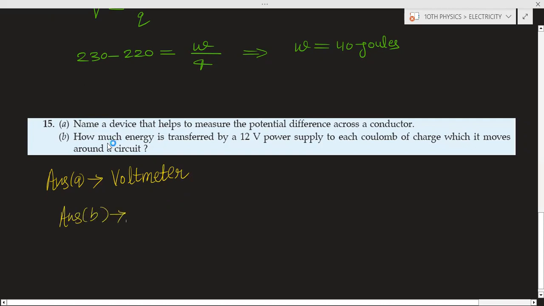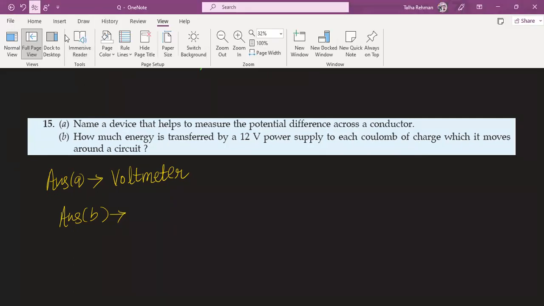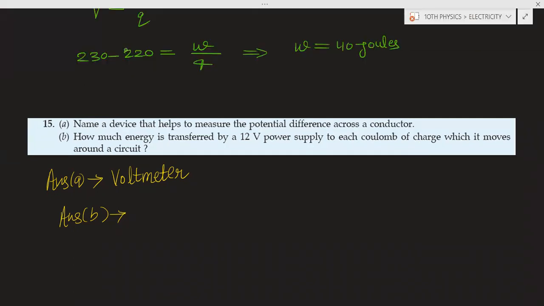They are saying how much energy is transferred by a 12 volt power supply to each coulomb of charge. So what is the meaning of each coulomb of charge? Each coulomb means 1 coulomb of charge. Okay. So Q is given indirectly, 1 coulomb, and a potential difference of 12 volt is given.